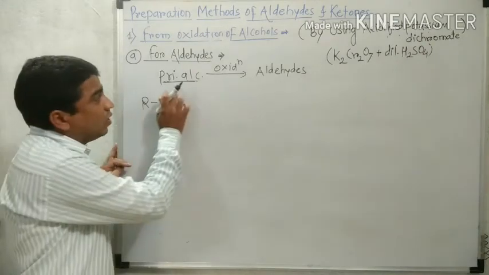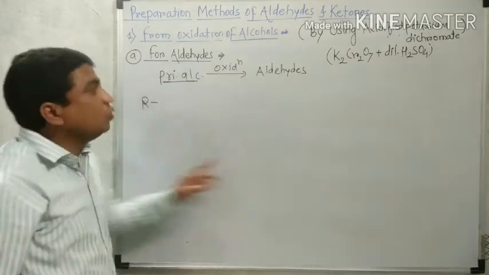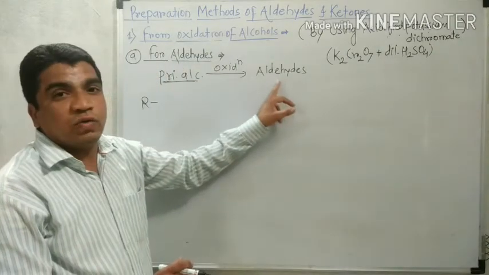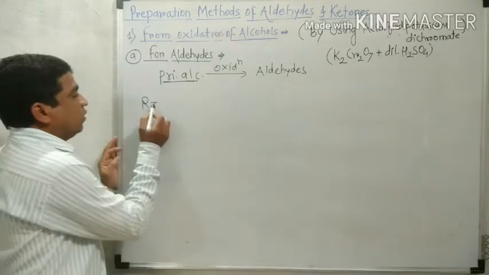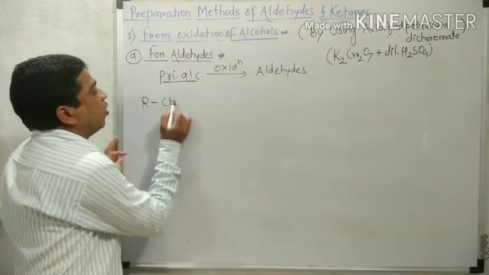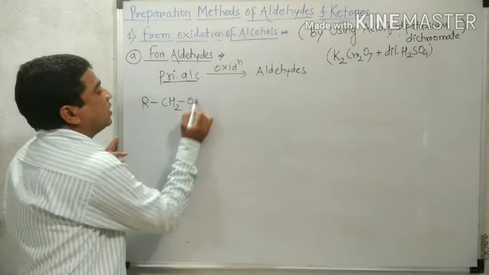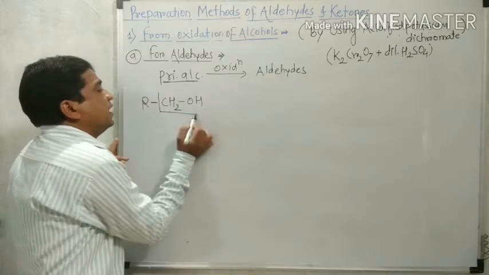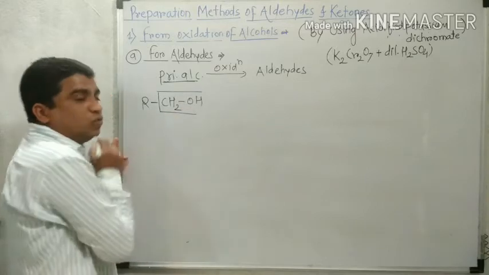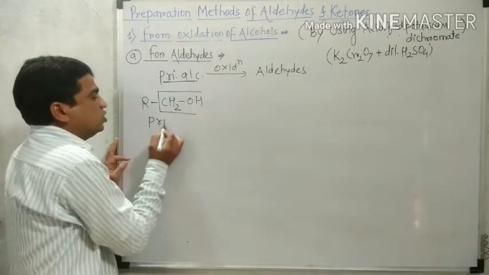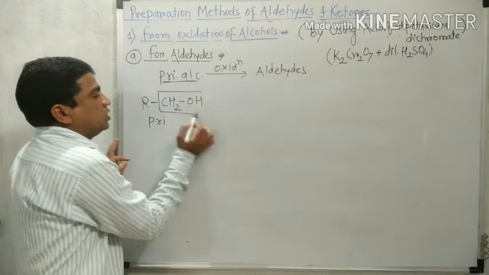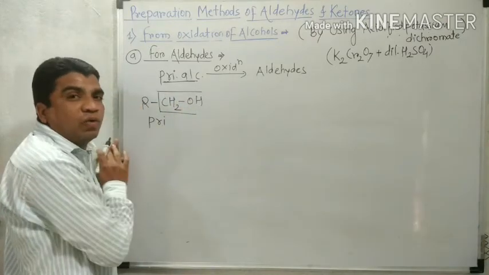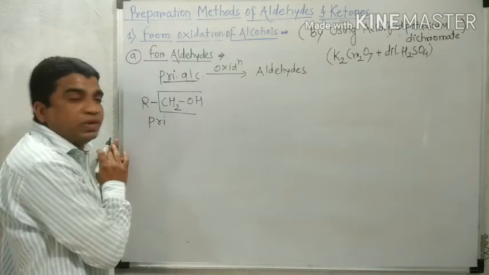What is the general formula of primary alcohol? That is RCH2OH. Primary alcohol is always written as RCH2OH, because CH2OH is the group of the primary alcohol. Every primary alcohol contains a CH2OH group in its structure.